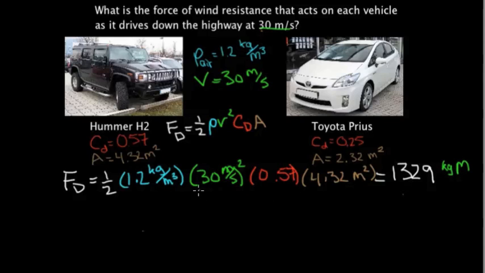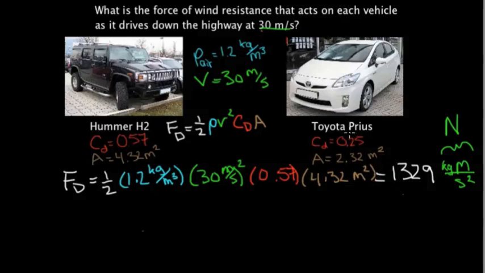The only other thing that we have here is seconds, and that's actually squared in the denominator. So I have kilograms meters per second squared. And a simpler way to write that is the Newton. So this whole thing here is the Newton. So we have 1,329 newtons, and that makes sense because newtons are a measure of force. So that's great, we're all set with the Hummer.